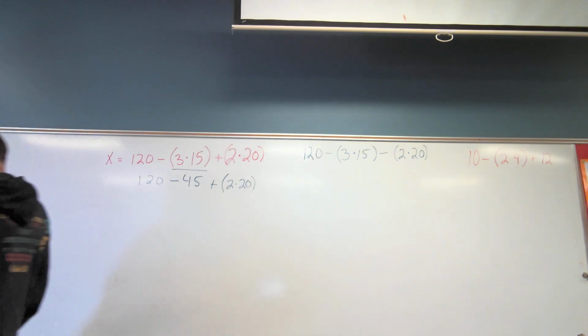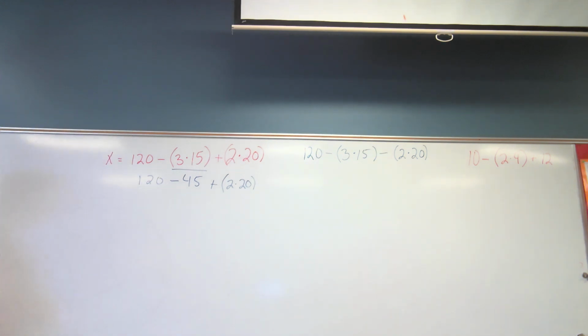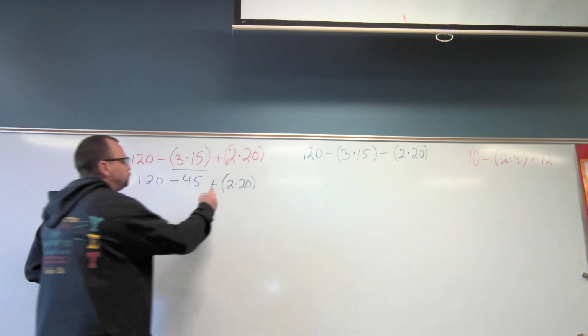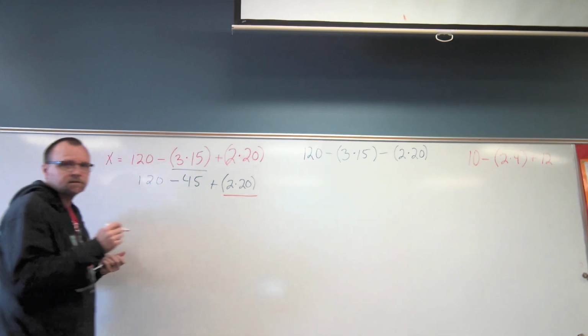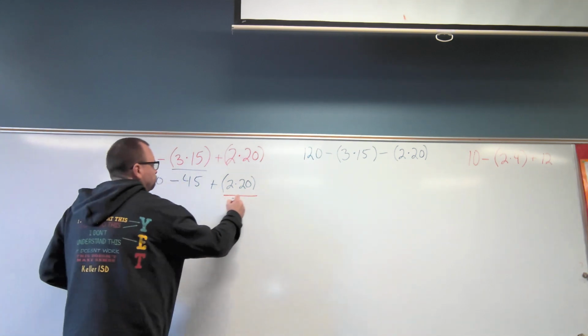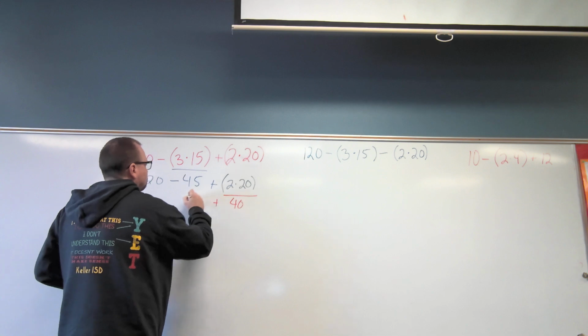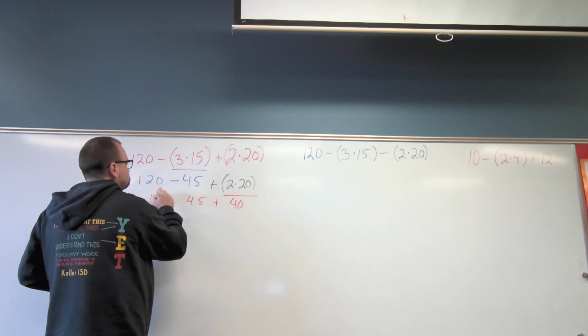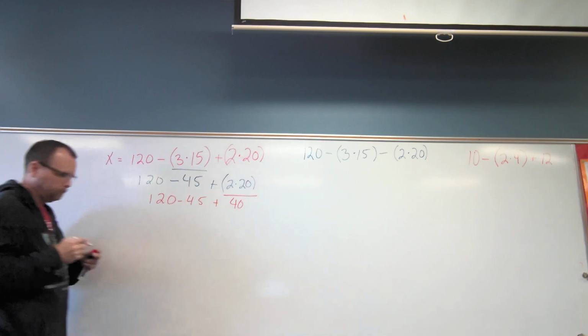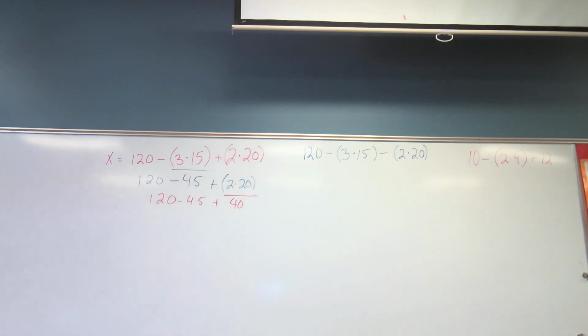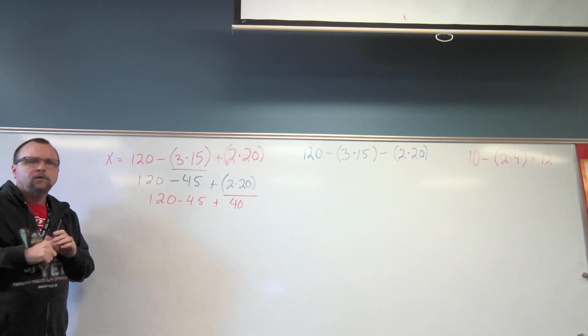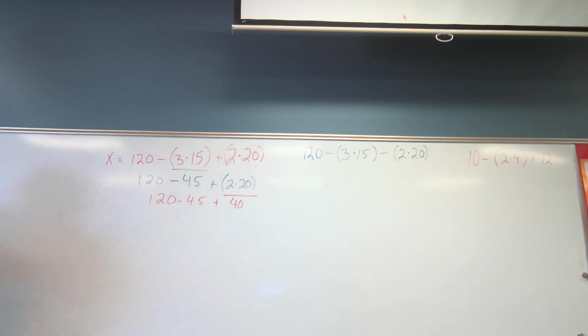Silas, what do I do next? 2 times 20. Which is what, Silas? 40. Now I bring down what I haven't used before. And Courtney, what do I do next?